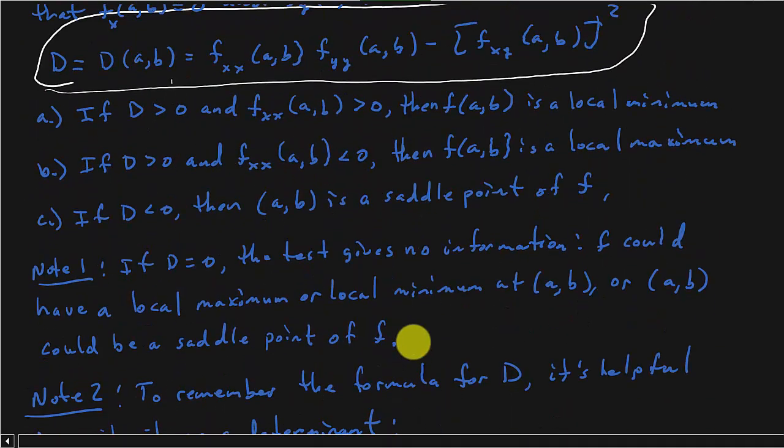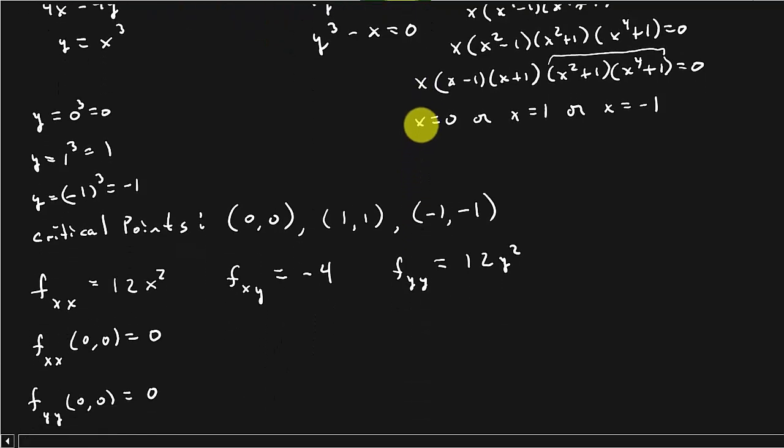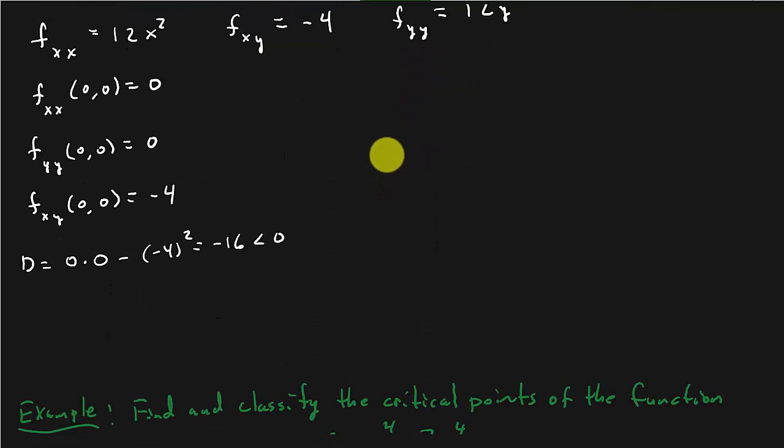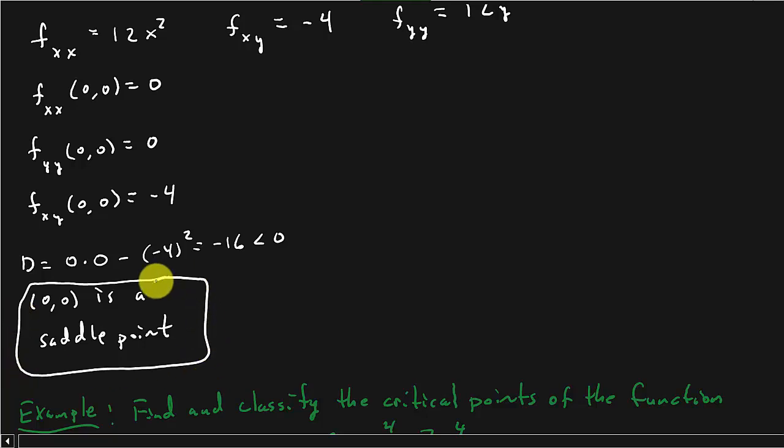If D is negative, then there's a saddle point. See that? There's a saddle point. And so we would come down here and say 0, 0 is a saddle point. And so there you have that.